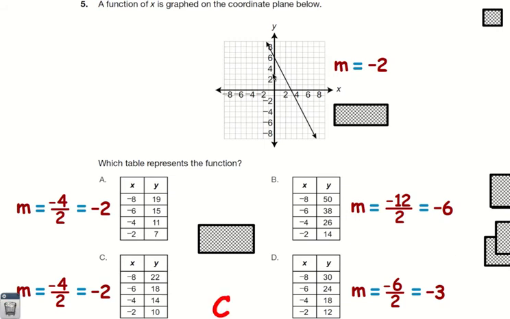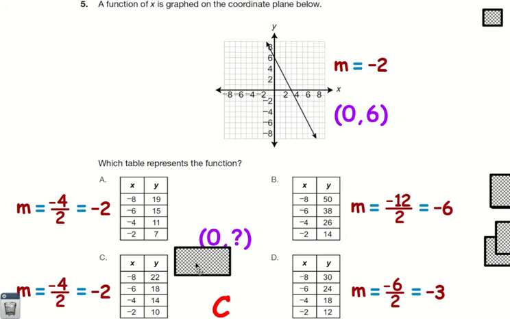But one more way to tell is, we know for sure 0 comma 6, right there, the y-intercept. So as far as these tables, look, negative 8, negative 6, negative 4, negative 2, 0.